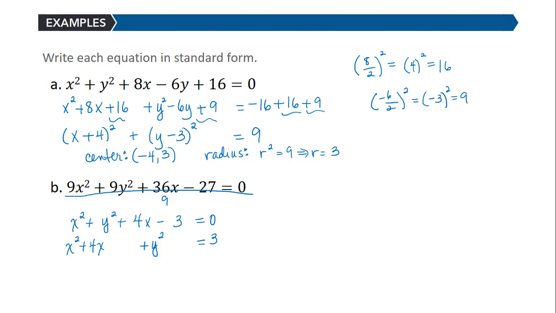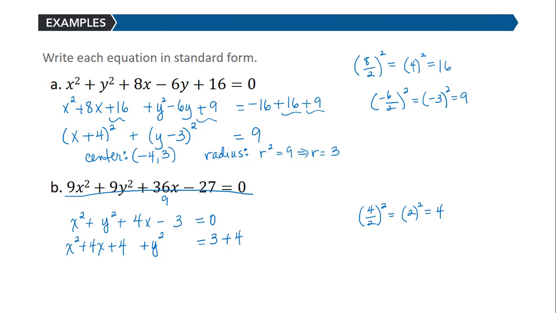What number completes the square for x squared plus 4x? I have to take 4 divided by 2 and square it, which is 2 squared, or 4. And remember, what I do to one side, I have to do to the other, so I'm going to add 4 to each side. Now notice my y squared, there is no other y term, so I can just leave that as y squared.